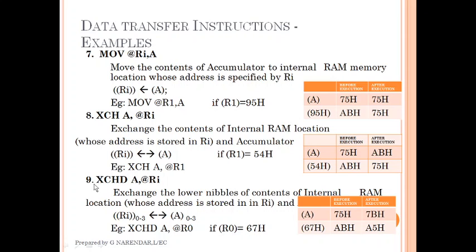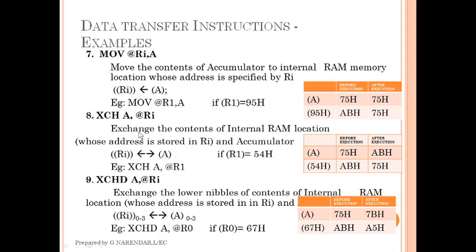The ninth instruction is XCHD A, @Ri. There is a small difference between the eighth and ninth instructions. In the eighth instruction, the mnemonic is simply XCH, and in the ninth, it is XCHD.